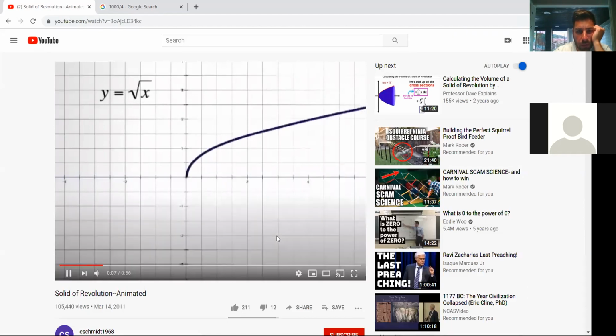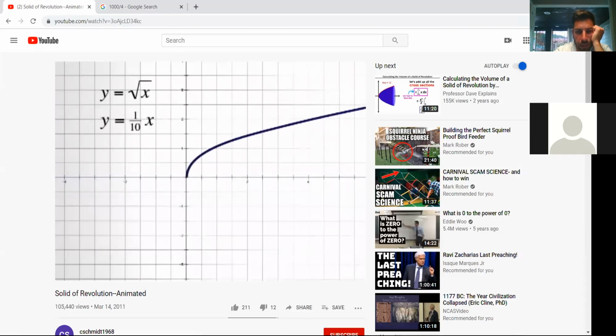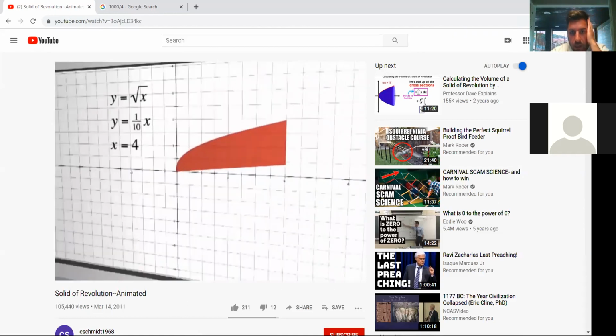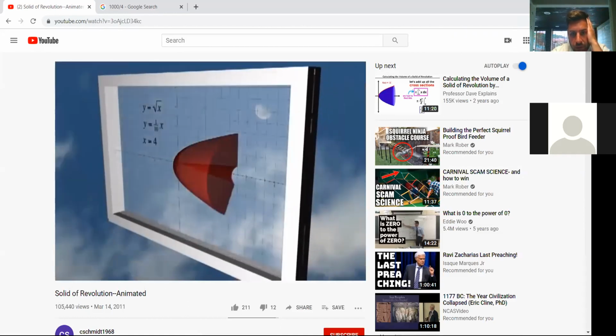You take a plane region, and you get this plane region by using one or two curves. Right now they're using some basic curves to generate a plane region, and then you can generate a solid by rotating.